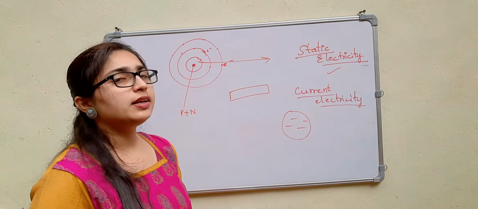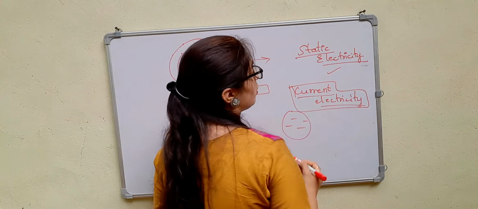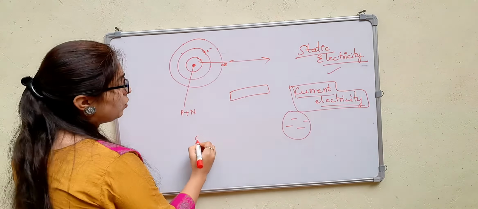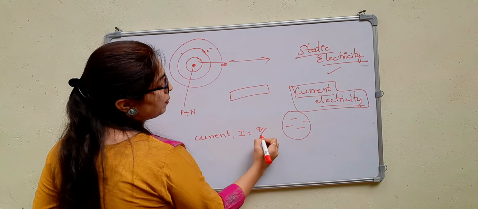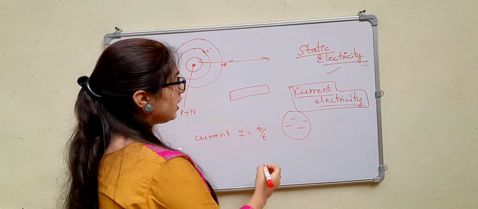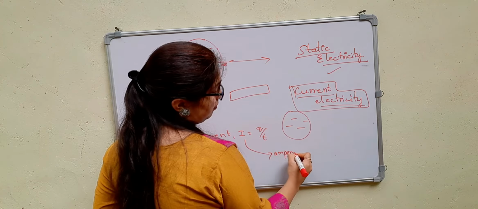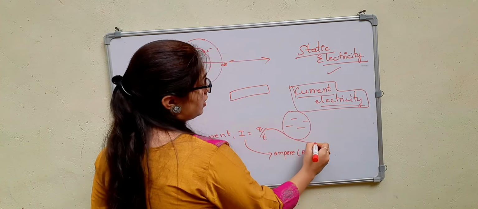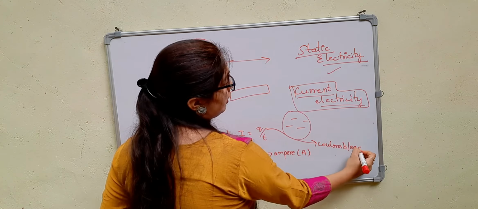But in current electricity, this is because of the flow of electrons. You know current I is equal to Q by T. This is the rate of flow of charges. The unit of this is ampere, which is coulomb per second.